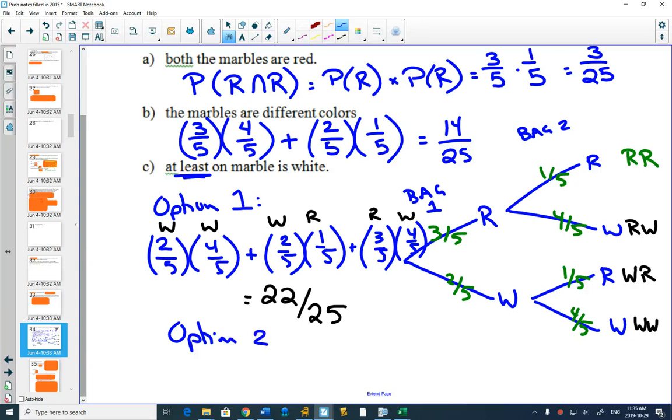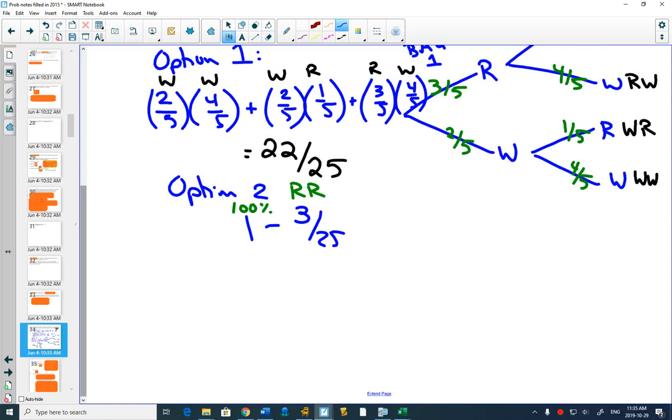If you take 100%, which is 1, and you subtract the red ones, which we figured out was red, red, I'll put above this 100%. Well, 25 out of 25 minus 3 out of 25 will also give you 22 out of 25, and there's less calculations to do. Okay?